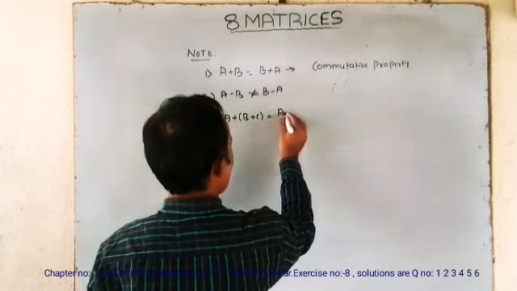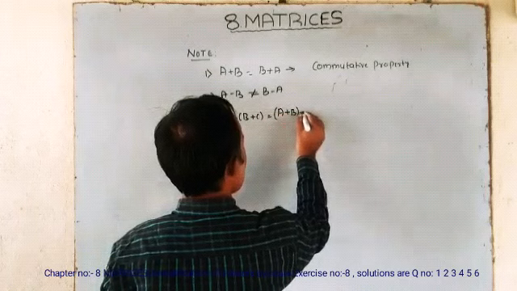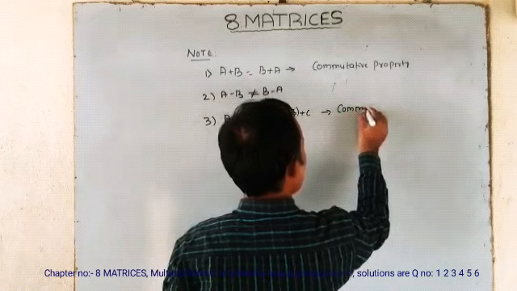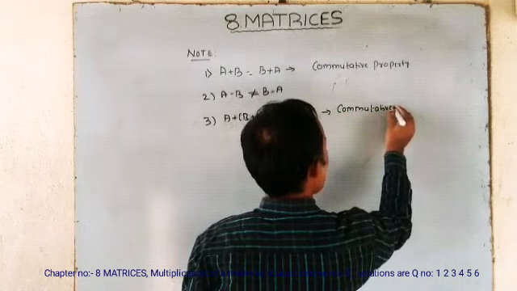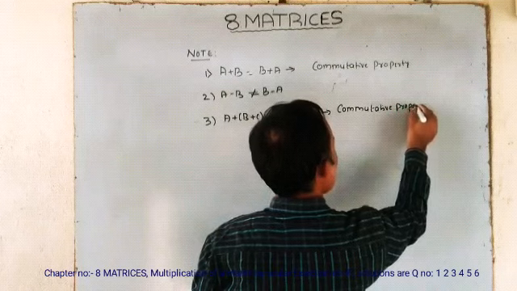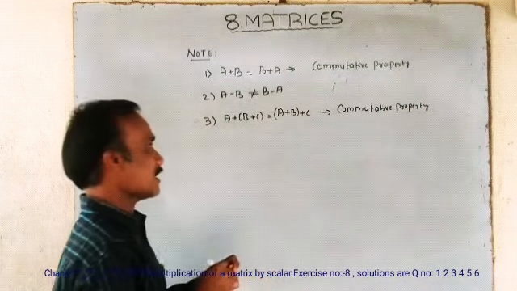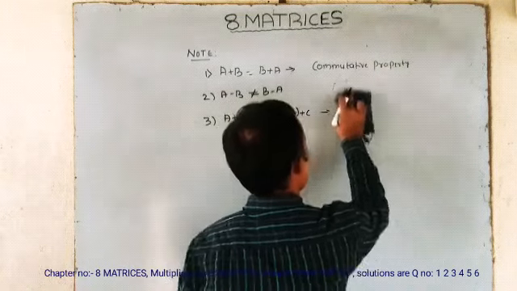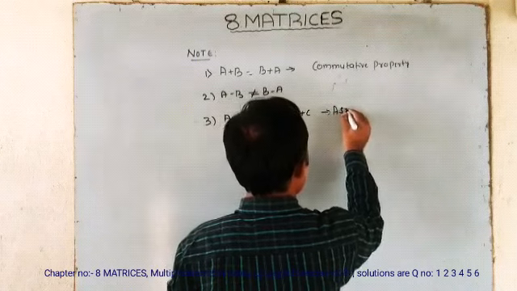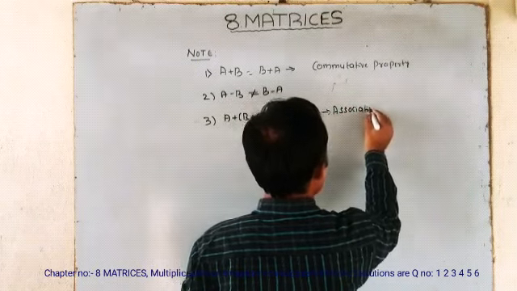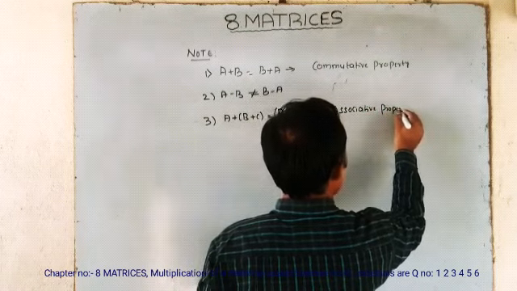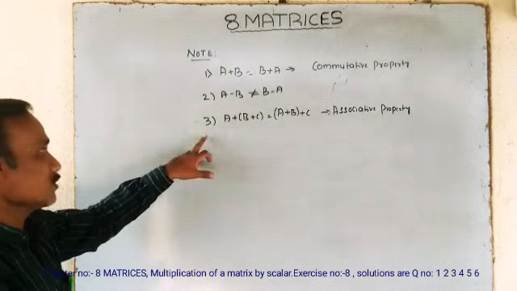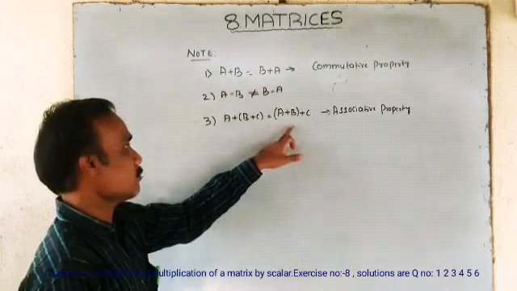Then (A plus B) plus C is equal to A plus (B plus C).